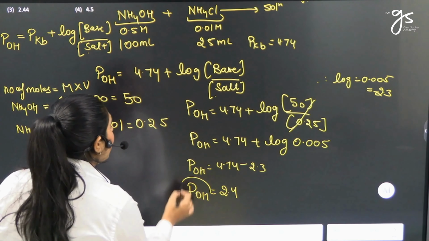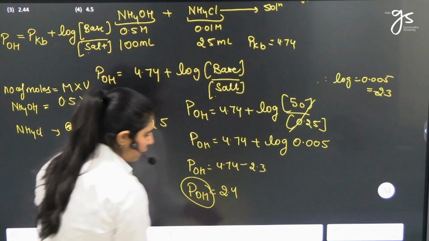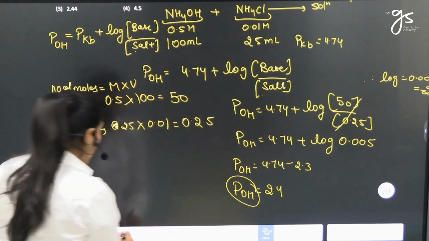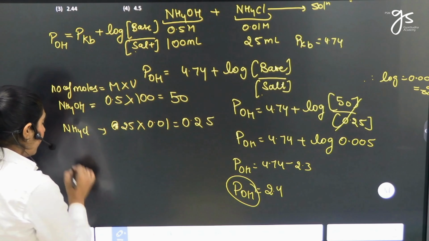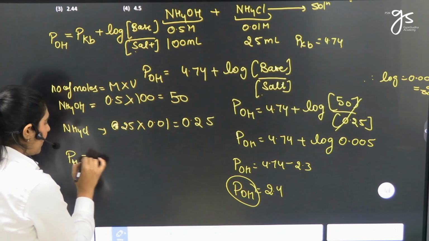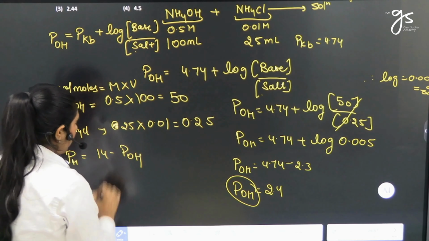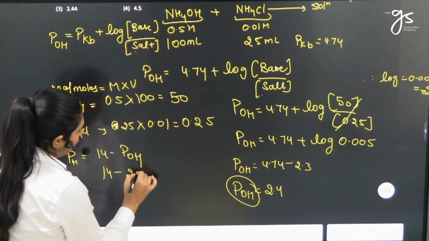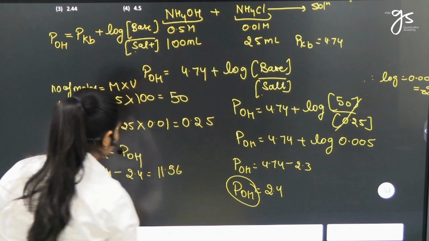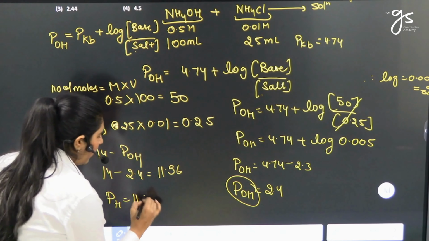So this is our value for pOH, but we want to calculate the pH. pH is equal to 14 minus the value of pOH. 14 minus 2.4 will be around 11.56. So our pH will be 11.56.